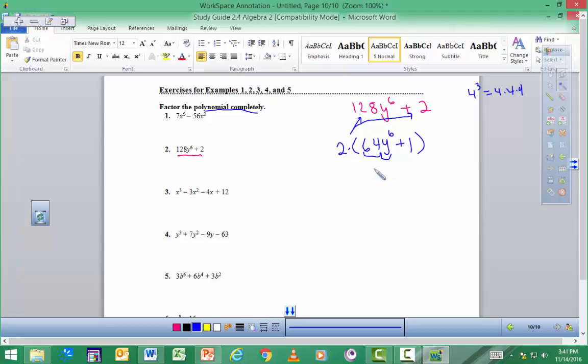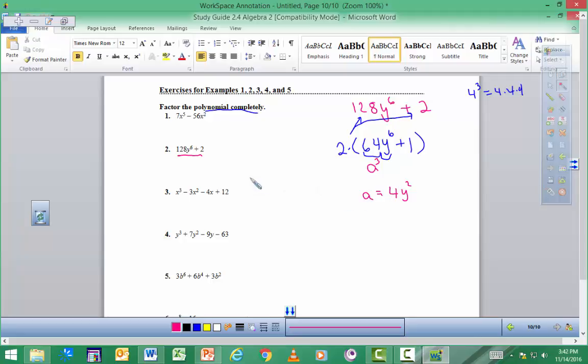So the way we've been doing this, we start out by saying, okay, if this here is my a cubed, then what's a going to be? Now this is a little tricky the first time you do it, but a is going to be 4y squared. Now think about this. I'll do it over here on the side.